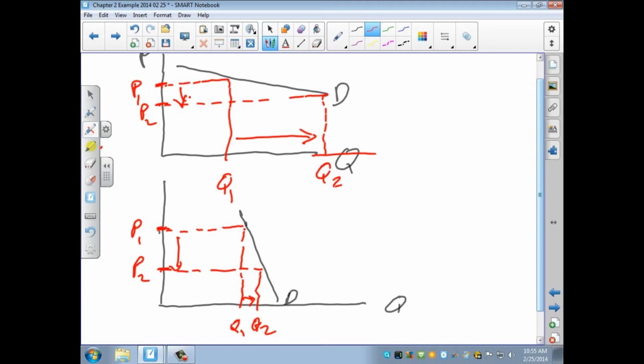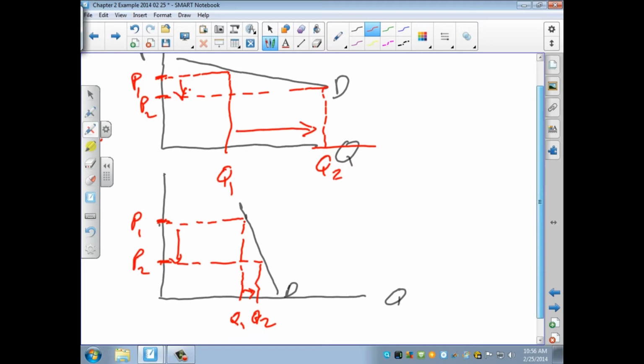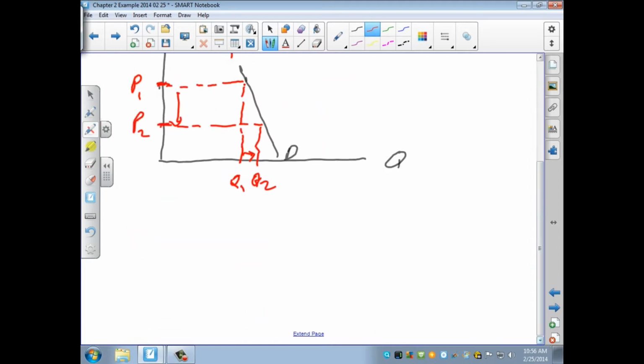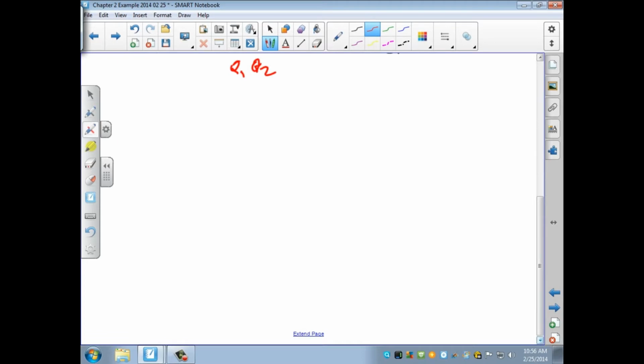So it would show that depending on how your relationship between the price and quantity demanded is, a certain percentage change in the price would cause more or less percentage change in the quantity demanded.